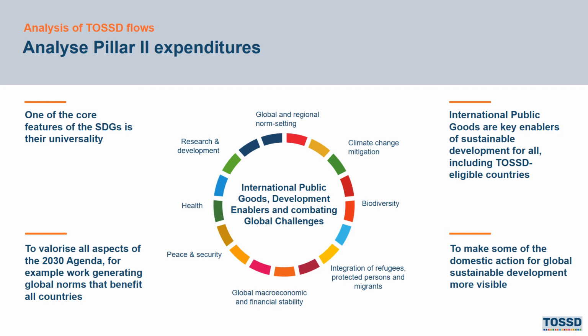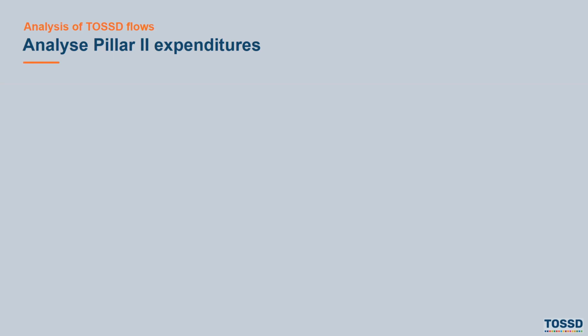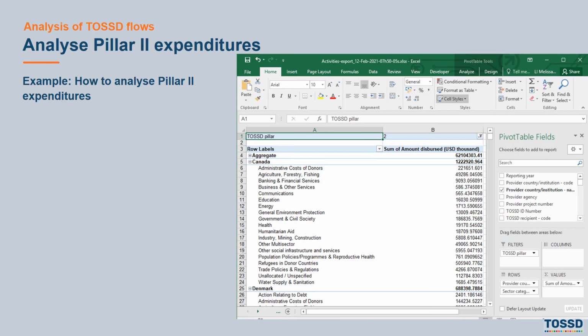These international public goods are key enablers of sustainable development for all, including TOSSD eligible countries, and they are very important to track because they are able to valorize all aspects of the 2030 Agenda for Sustainable Development. Pillar 2 expenditures can be analyzed in detail looking at the data exported in Excel.